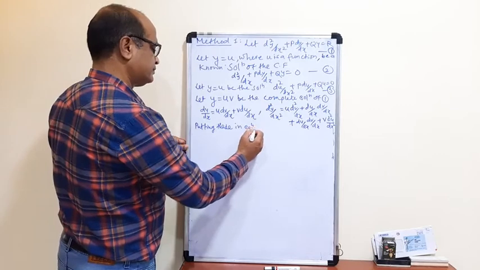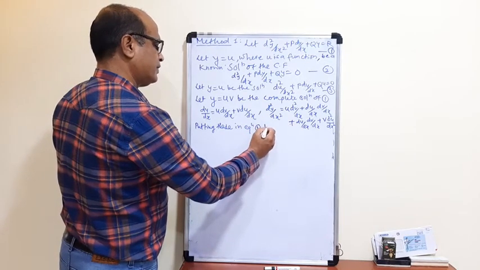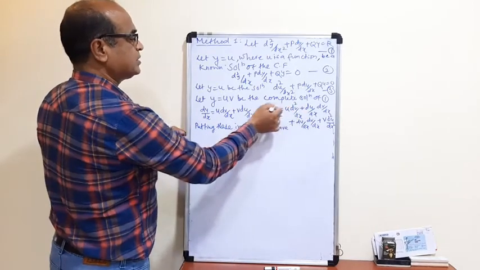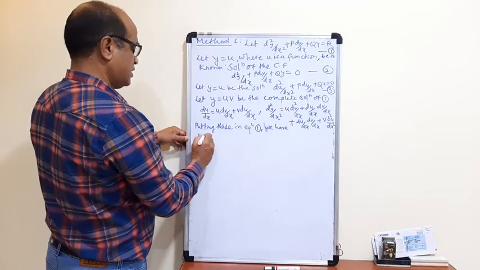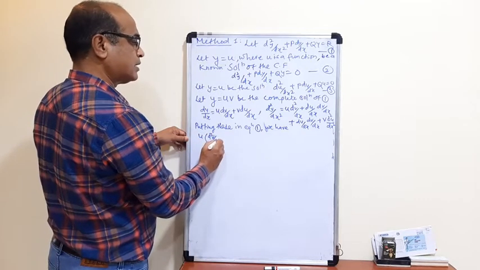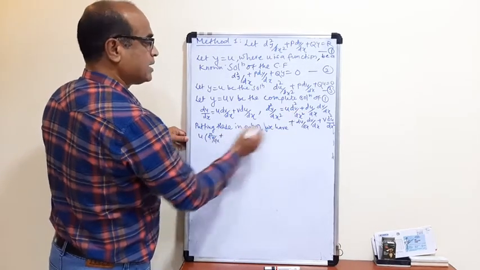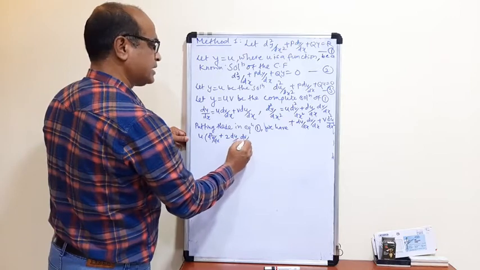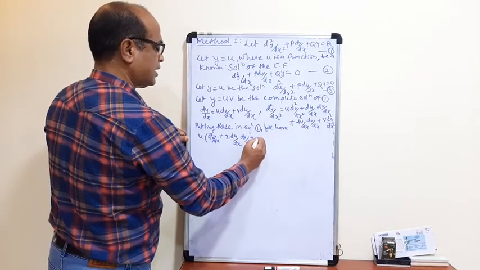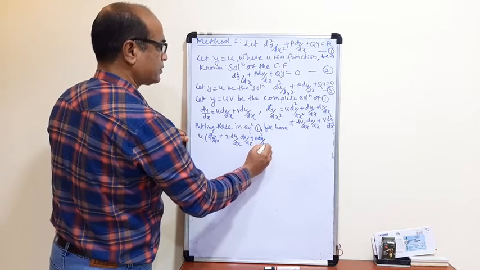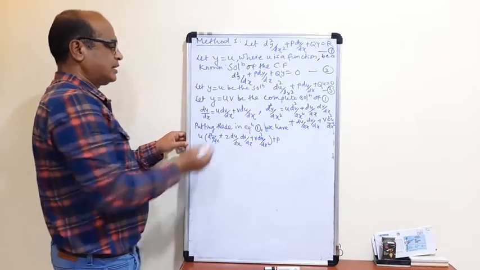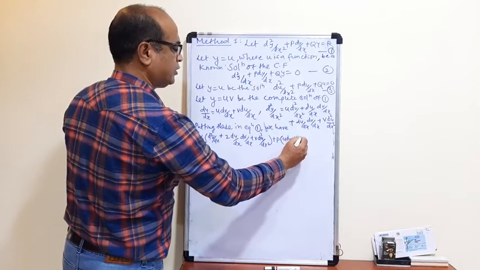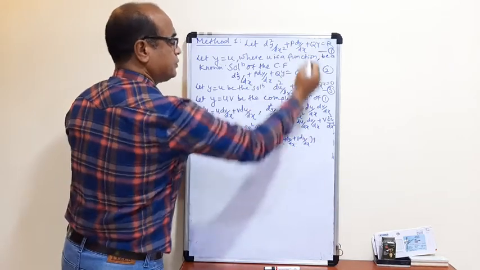So equation 1 becomes: d2y by dx square is u d2v by dx square plus 2 times du by dx into dv by dx plus v d2u by dx square, plus p times dy by dx, which is u dv by dx plus v du by dx, plus q times y.